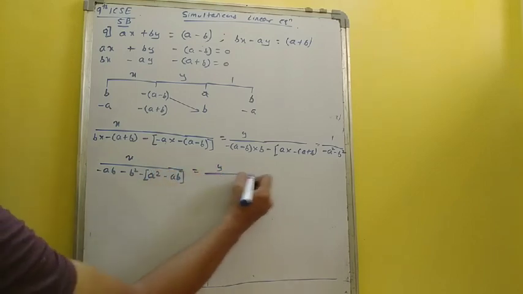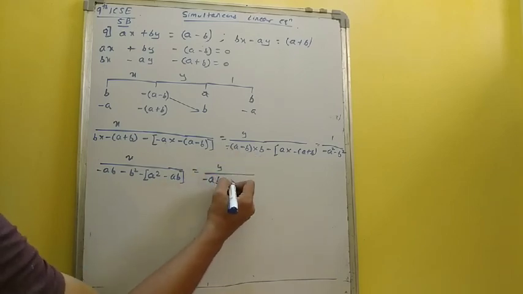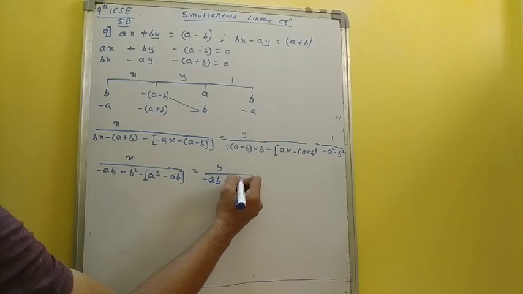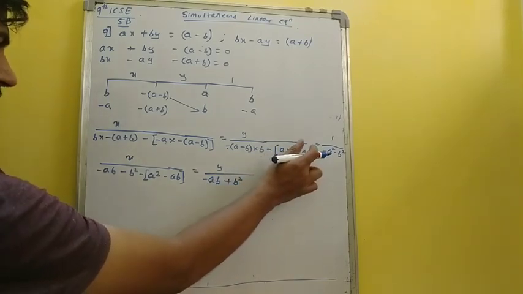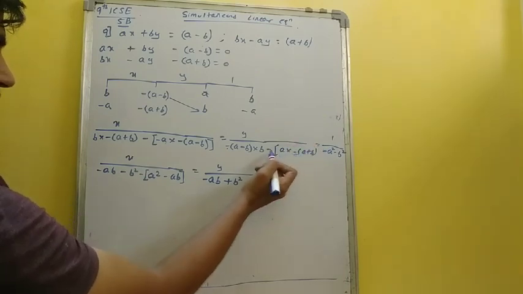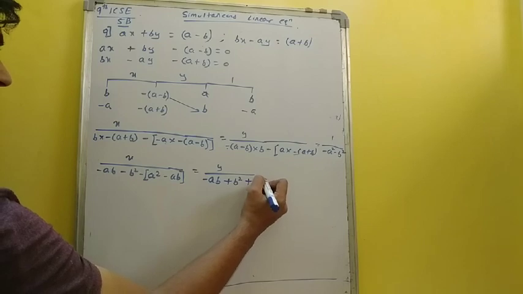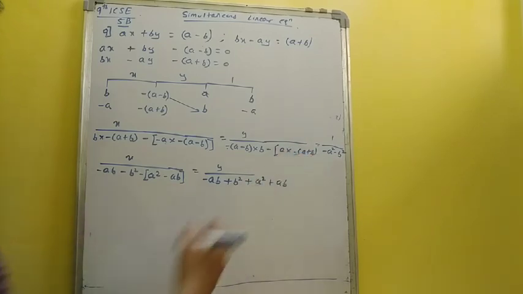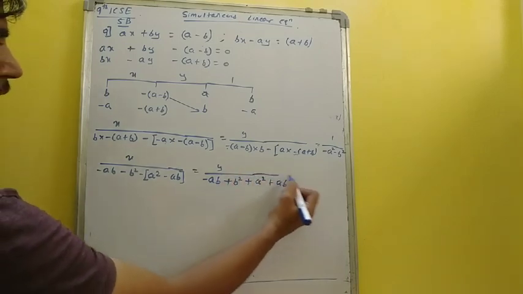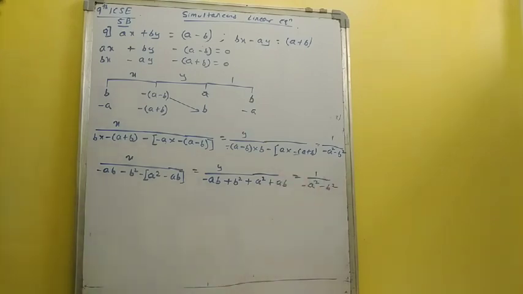Is equal to y upon b multiplied by a with the minus sign, so it is minus ab, minus becomes plus, b multiplied by b, it is b square. This minus and this minus will become plus, a multiplied by a, it is a square, a multiplied by b, it is ab. Is equal to 1 upon minus a square minus b square as it is.